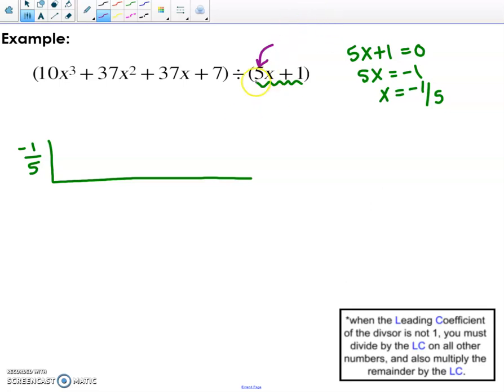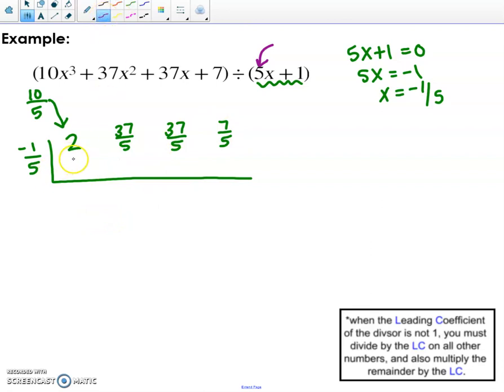But if the leading coefficient is something other than a 1, we have to divide all of the coefficients of the dividend by 5. So instead of writing 10, I'm going to put a 2 here, that's 10 divided by 5, and we get 2. And then we're going to do that for all of them. So 37 divided by 5, we're going to end up with a fraction. 37 divided by 5 is again a fraction. 7 divided by 5, also a fraction.